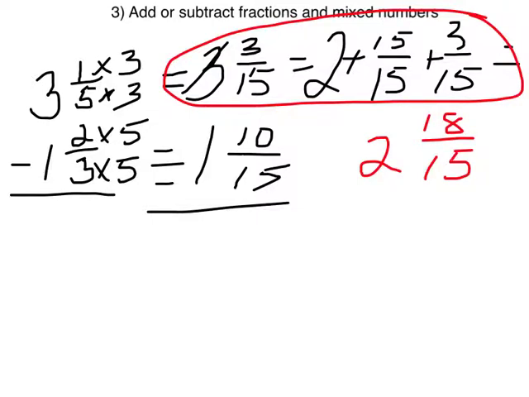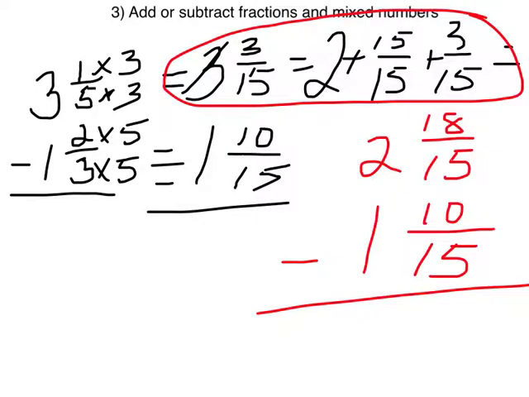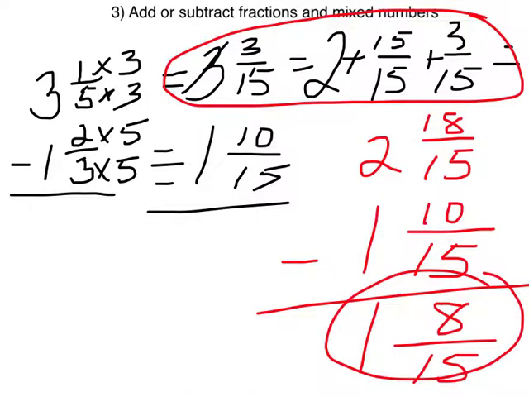Now we subtract 1 10/15. 18 minus 10 is 8. And then 2 minus 1, of course, is 1. So there's our answer. Please practice some of those. Make sure you understand how to do ungrouping.